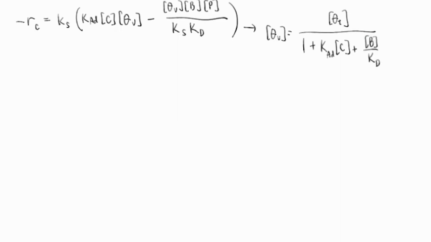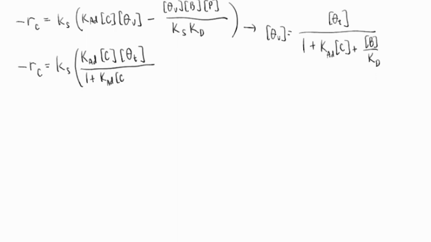Substituting, we now have net rate of consumption of cumene is equal to small ks times K adsorption times concentration of cumene times concentration of the total active sites divided by 1 plus K adsorption concentration of cumene plus concentration of benzene over K desorption.